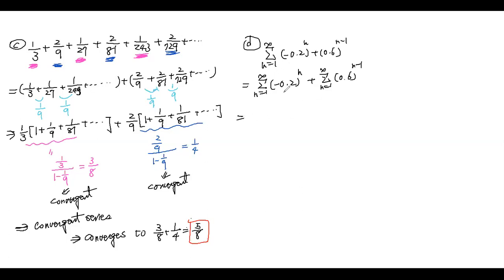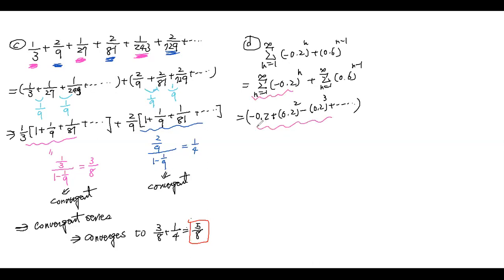Okay, let's take a look at this one. When n is equal to 1, this will be negative 0.2. When n equals 2, negative 1 to the 2nd power is positive, so it's 0.2 to the second, then minus 0.2 to the third, and so on. The first one is my pink one, and it's alternating.